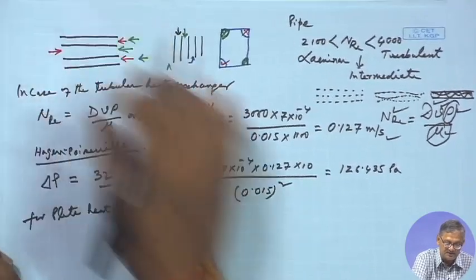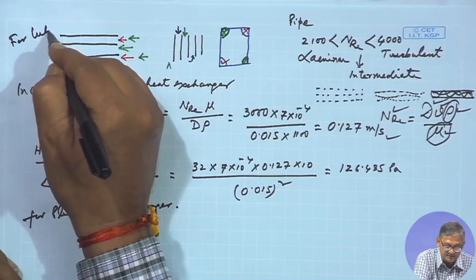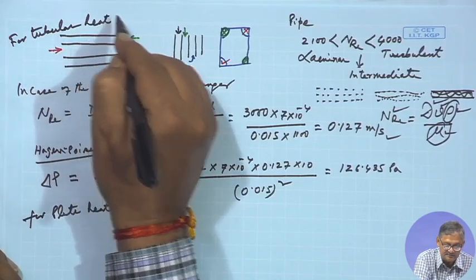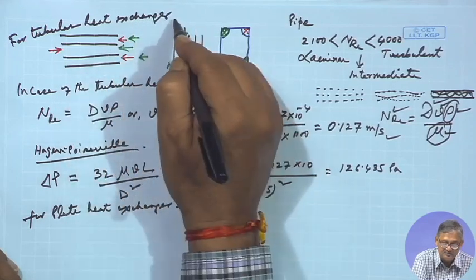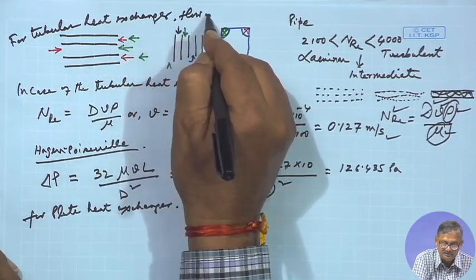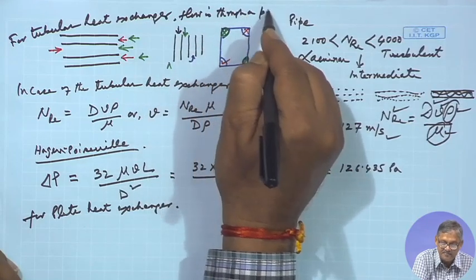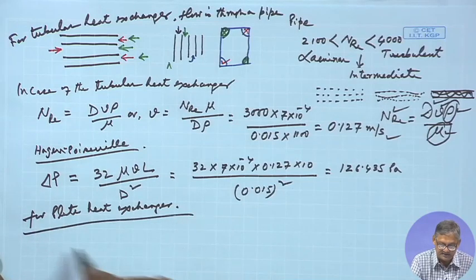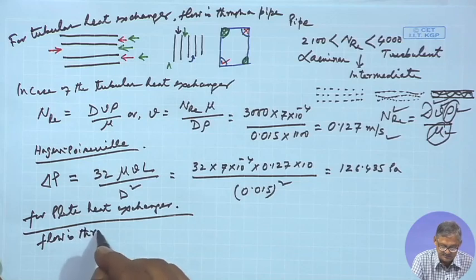Here let us write for the tubular heat exchanger: flow is through a pipe, whereas for the plate heat exchanger the flow is through a slit.